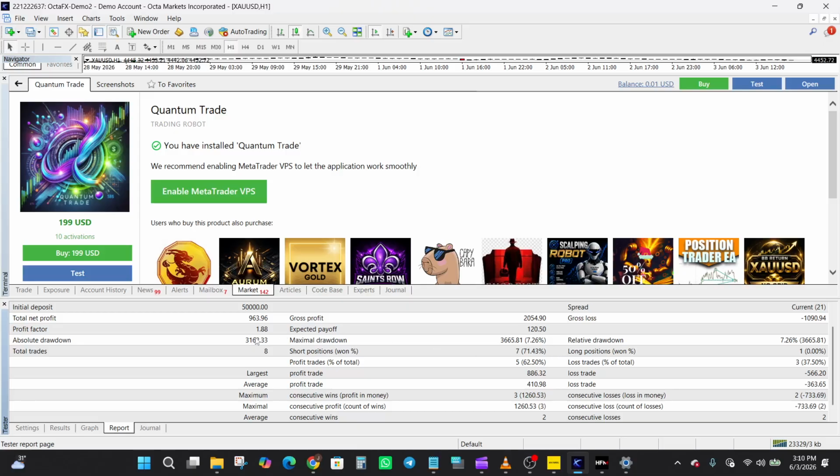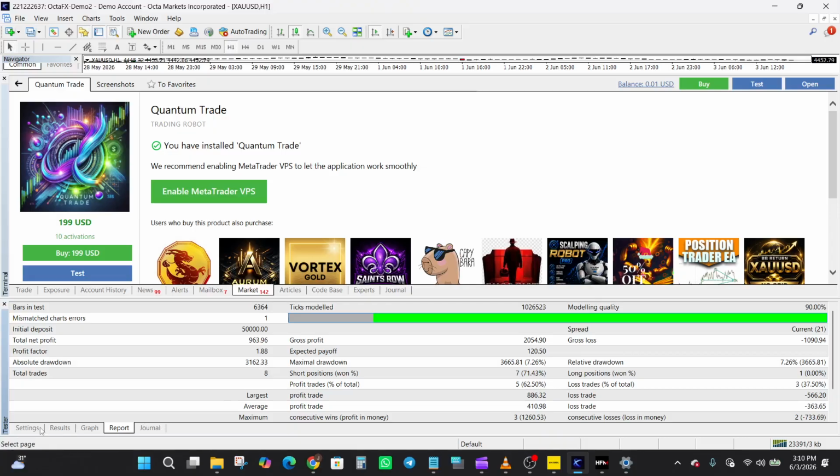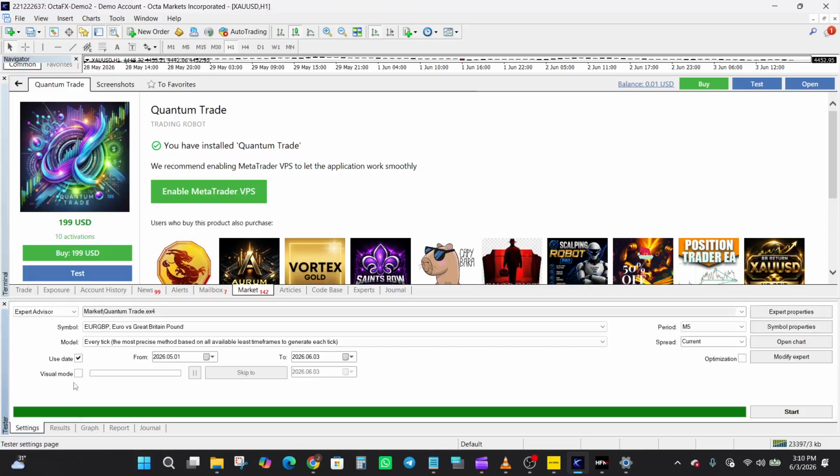So I'm not surprised that the total net profit was less than 2%. Okay, but at least the total net profit is substantial. Given the close to 1:1 risk to reward ratio and win rates that we have here, I guess it is okay, right? Now let's just quickly look at how the EA works.